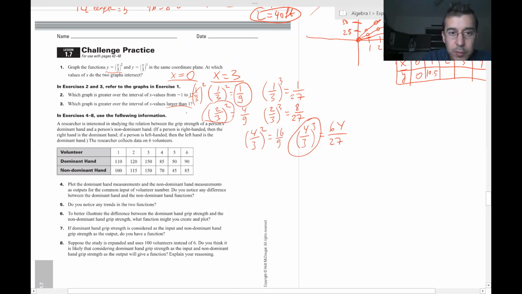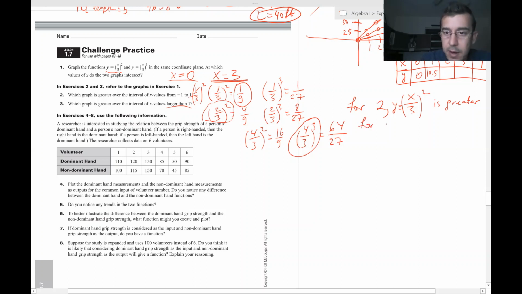So for 2, y equals x over 3 cubed is greater. For 3 we know that they intersect, so they're the same.